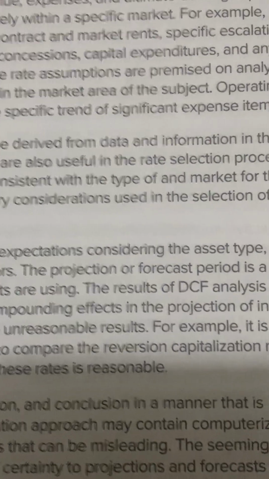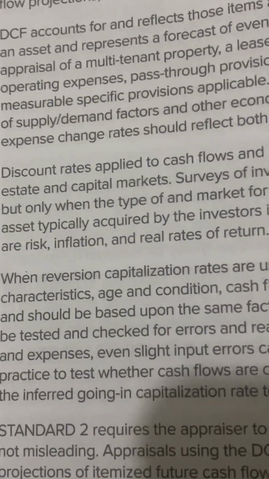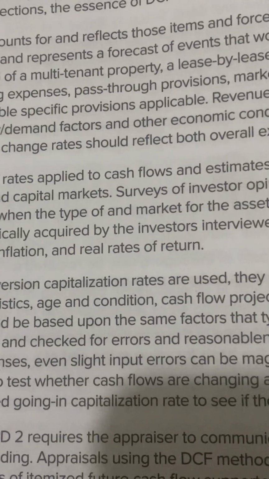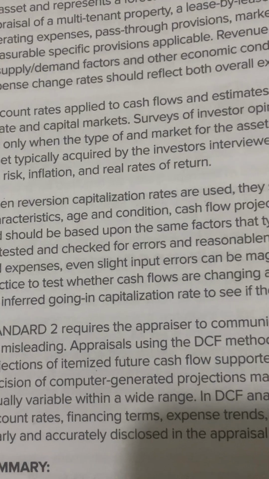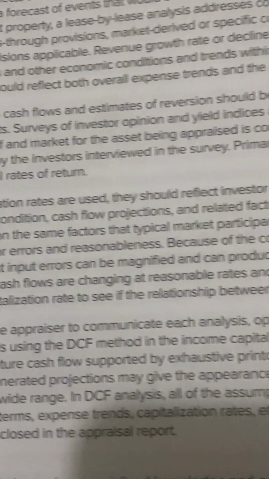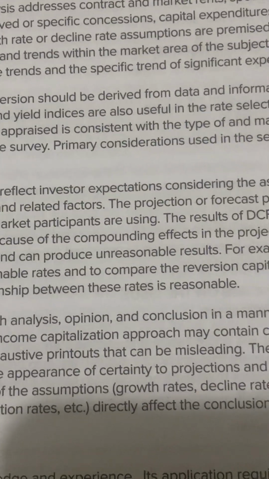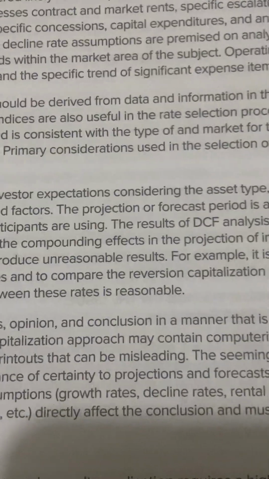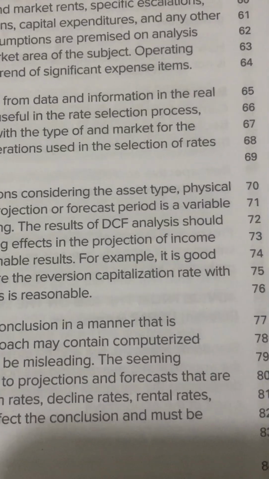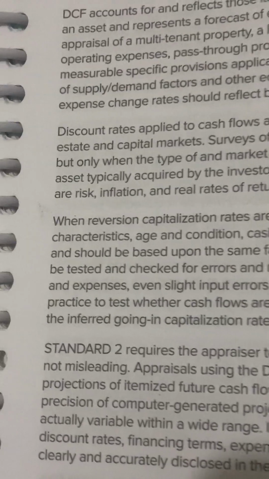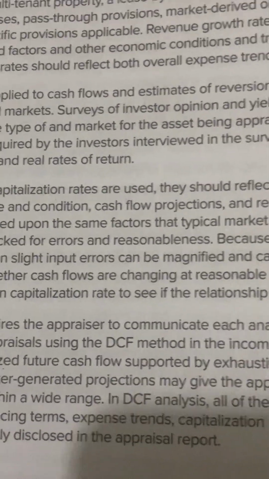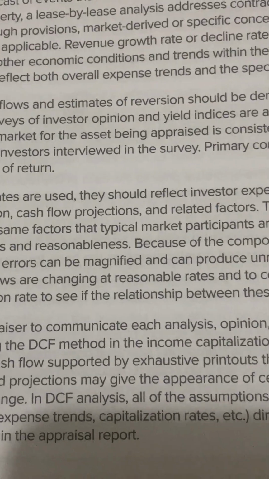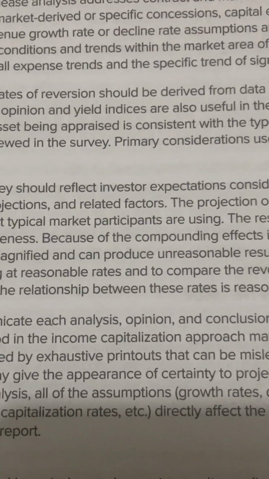Primary considerations used in the selection of rates are risk, inflation, and real rates of return. When reversion capitalization rates are used, they should reflect investor expectations considering the asset type, physical characteristics, age and condition, cash flow projections, and related factors.